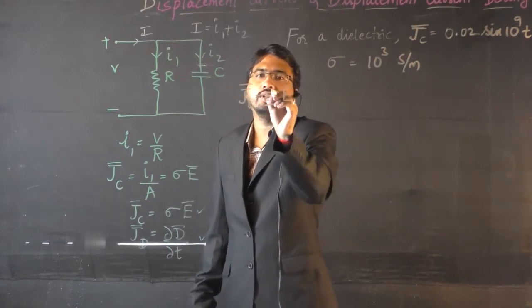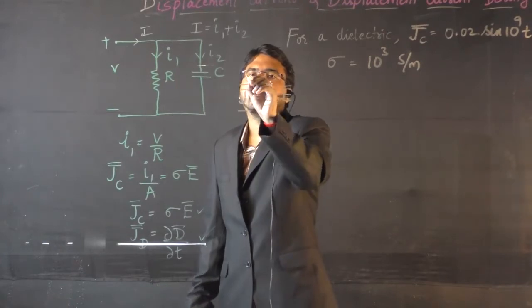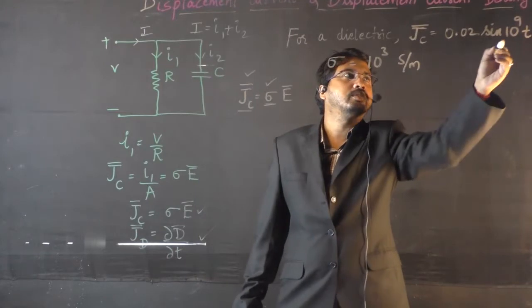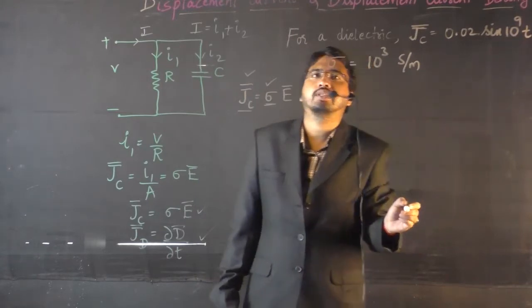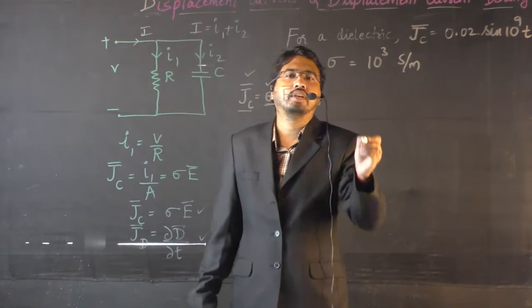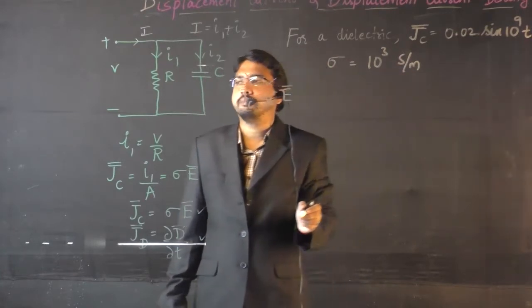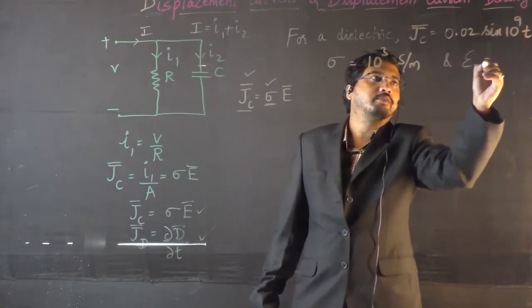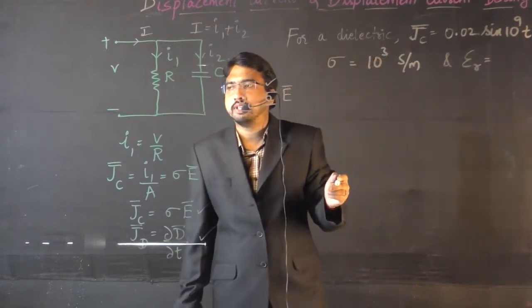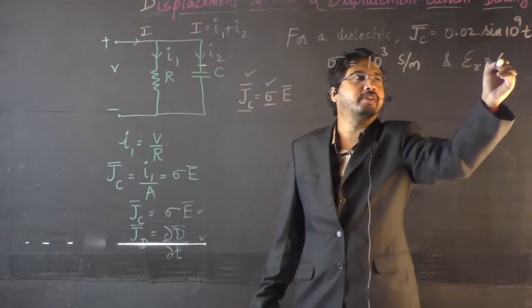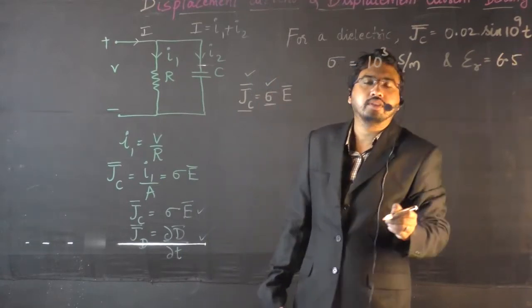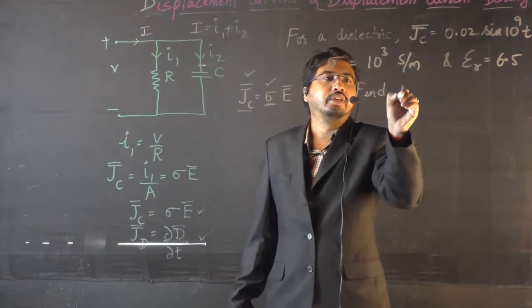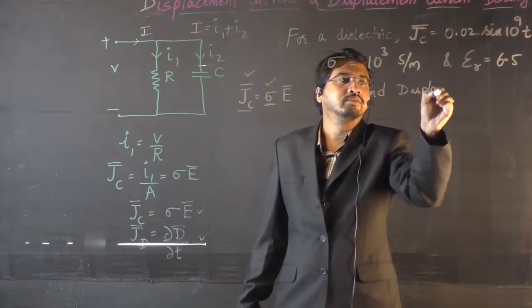They have also given epsilon r, the relative permittivity, as 6.5. With this information they are asking you to find the displacement current density.